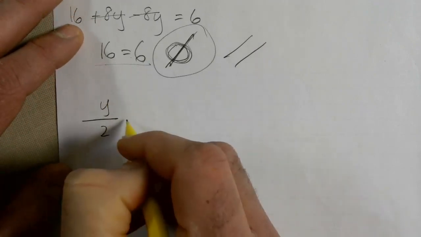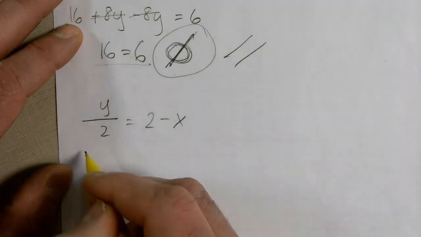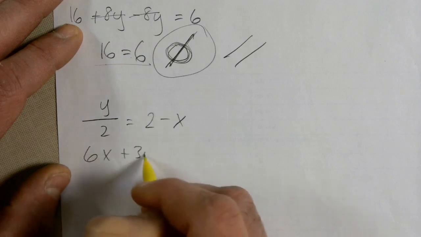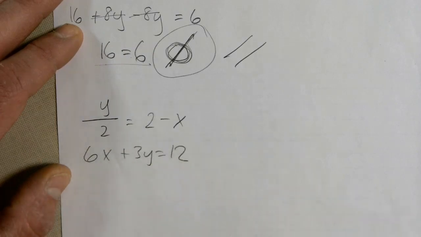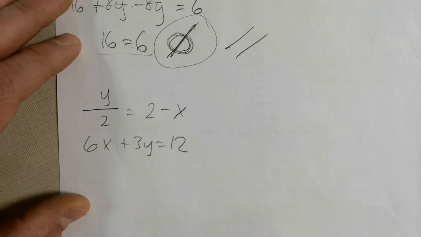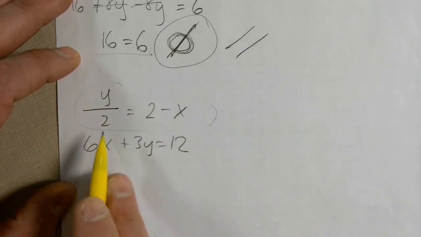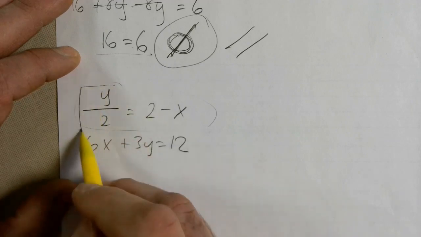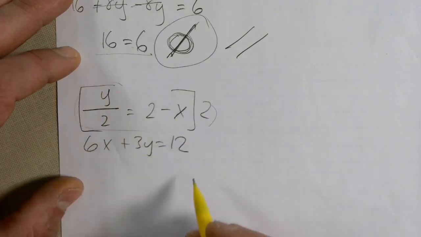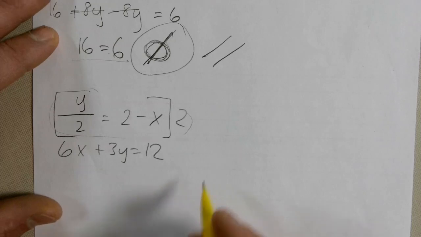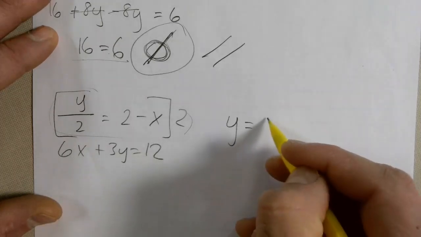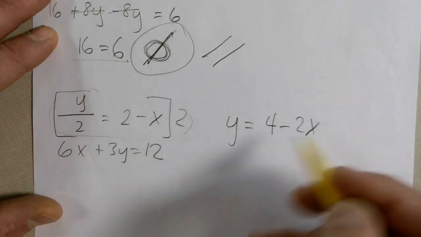y divided by 2 equals 2 minus x. 6x plus 3y equals 12. Okay, let's solve this system. Now, you notice this is goofy looking because it's got this divided by 2 business. So let's multiply both sides by 2 to get rid of our fraction. So y equals 4 minus 2x.